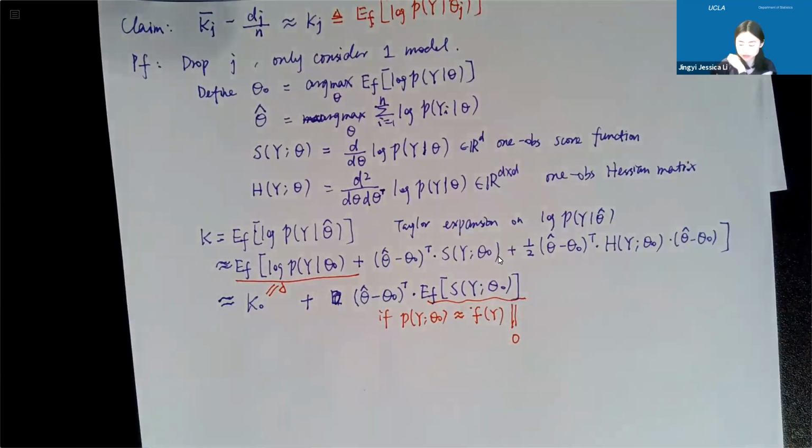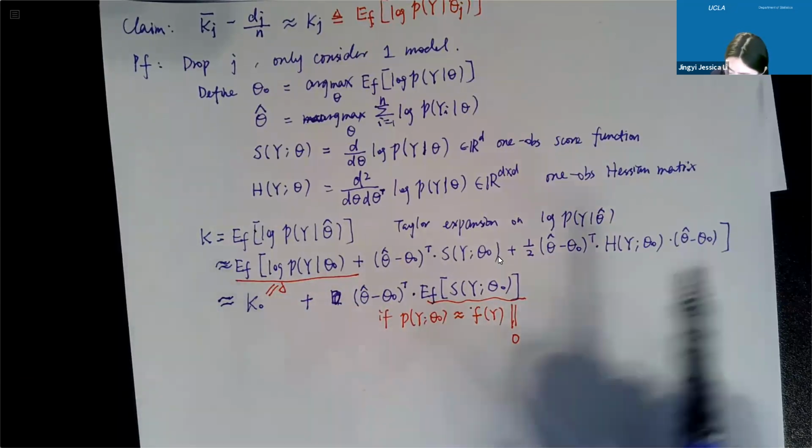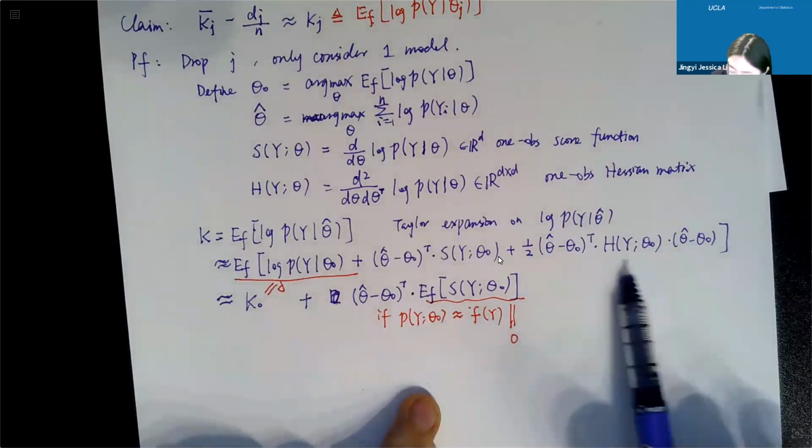So that's where the approximation gets in. We want to get rid of the second term by doing this approximation. And for the third term, let's see what it is. That's just the expectation on the Hessian.